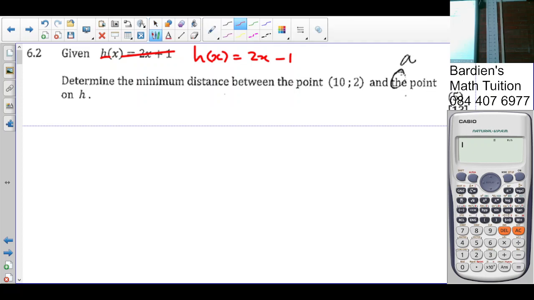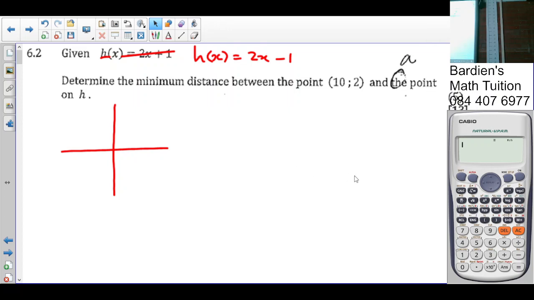If I draw what is given here, it will cut your x-axis at a half and your y-axis at negative 1. So that is your graph.